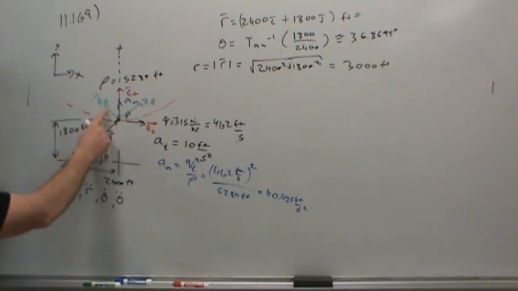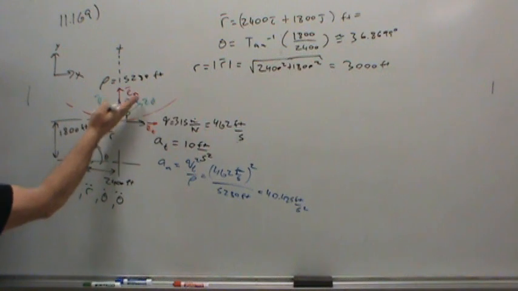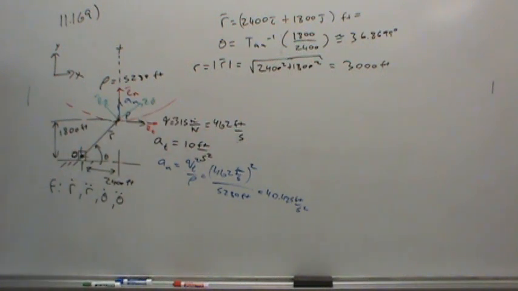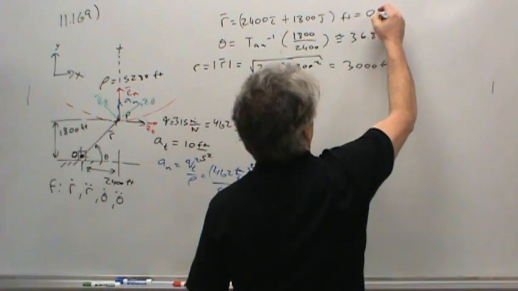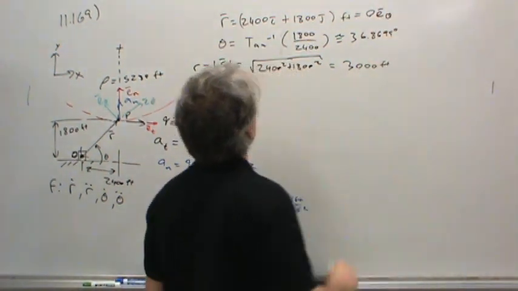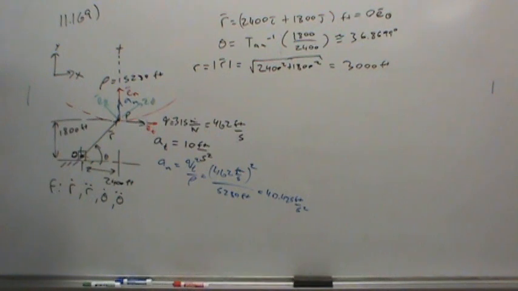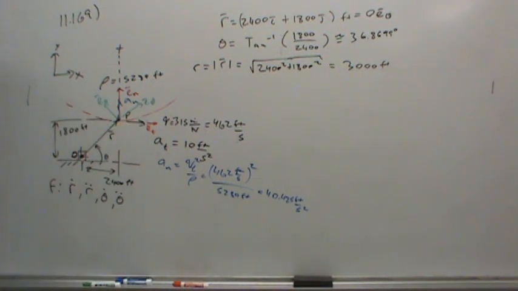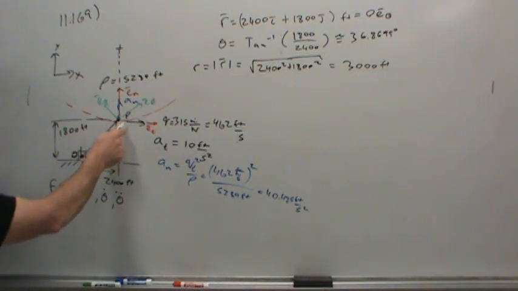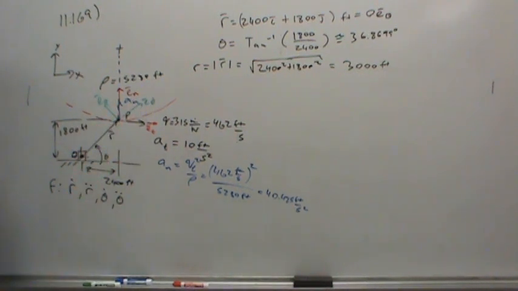Does the vector r have any E theta component, or the transverse component? No, that's the definition of ER. It lies in the same direction as r. E theta is perpendicular to it, so there is no transverse component to r. It's saying that this is just perpendicular, right? That's all it says. What about ER? How long is r along the direction ER? We just calculated it. 3,000 feet.